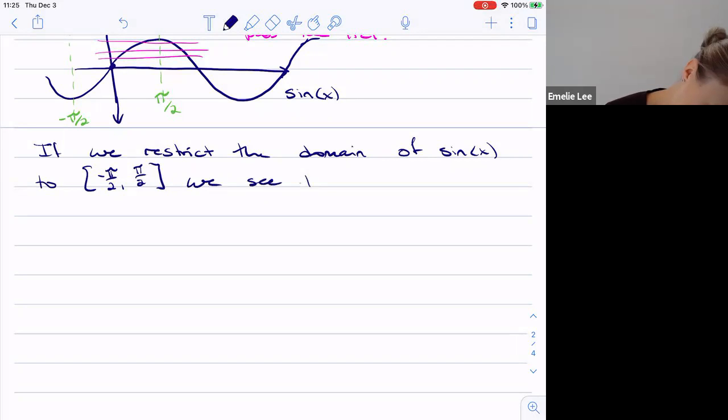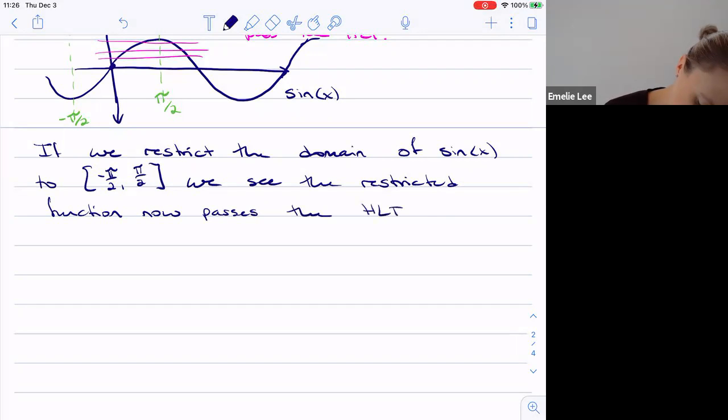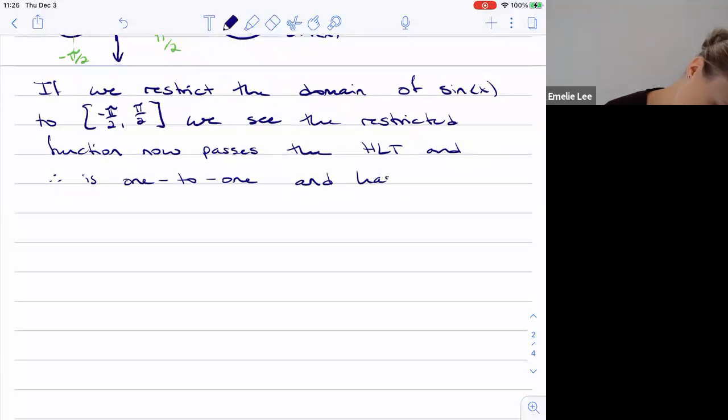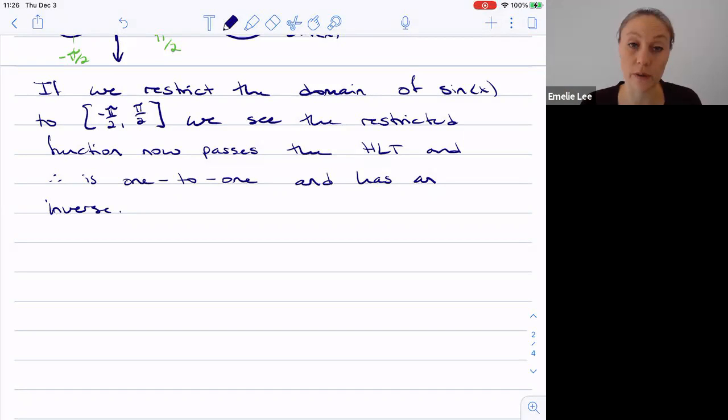We see the restricted function now passes the horizontal line test and therefore is one-to-one and has an inverse. All those things go together.